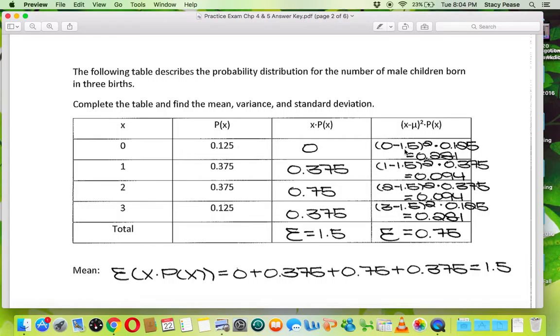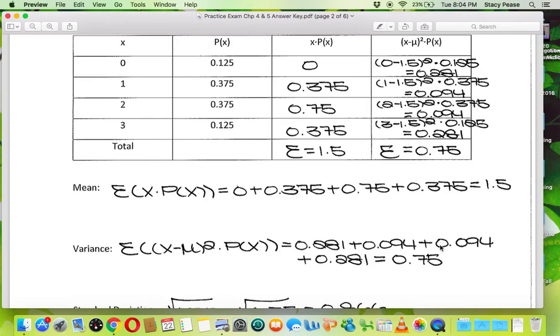And when we go ahead and do that for each of our x's, so you'll see there's one for our 0, one for our 1, one for our 2, one for our 3, then we're going to total those values together, and we'll find that it comes to 0.75. Well, that number there, this 0.75, or the sum of our x minus our mean squared times our probability of x, that's actually our equation for our variance.